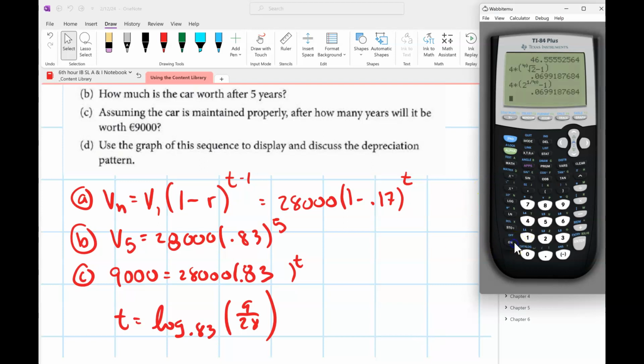Again, on your calculator, you do math, and then you do that log base command down at the very bottom. If anybody doesn't have a calculator that does log base, holler at me and I'll show you how to do it without that command. But it seems like all of us have a new enough calculator that that's going to be the case.